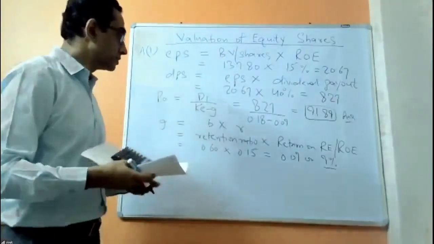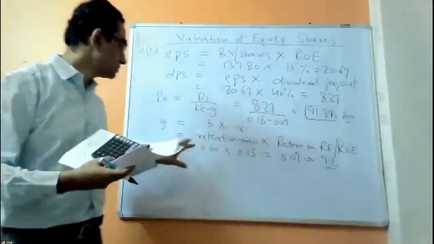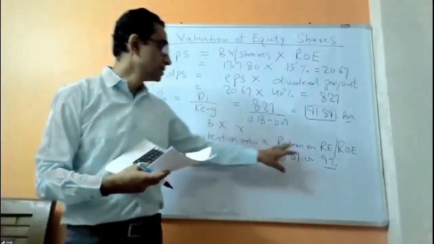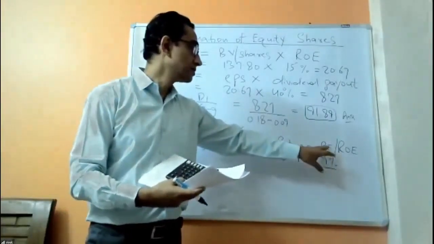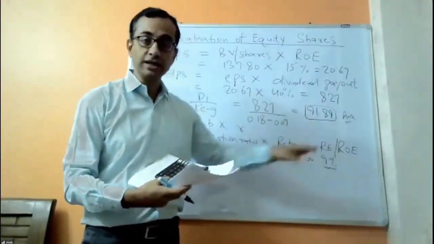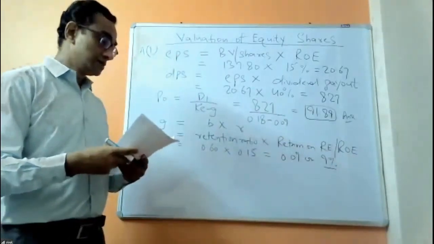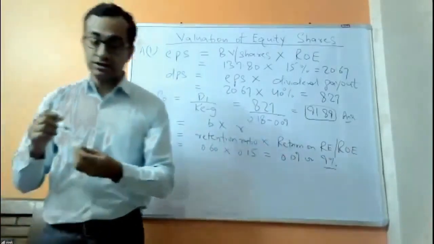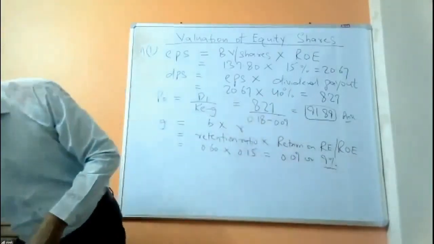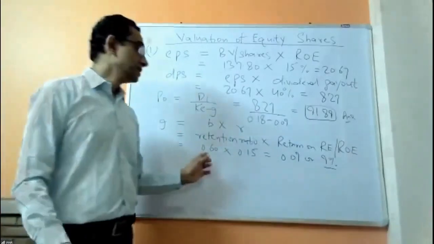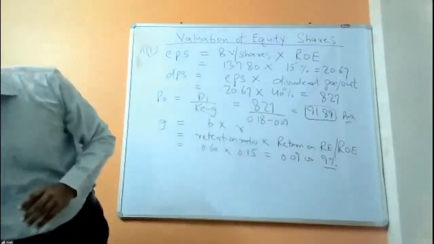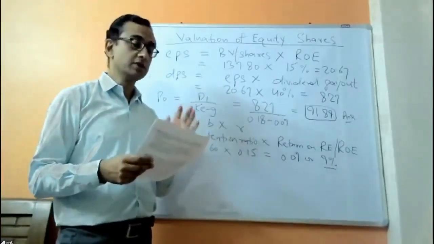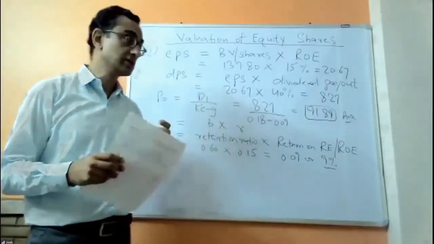Now, one thing I want to clarify is that some students may have a doubt why the return on equity and the return on retained earnings are taken as the same. The reason is that these two figures can be used interchangeably. The dividend payout in this question is 40% because the company is retaining 60% of its earning.